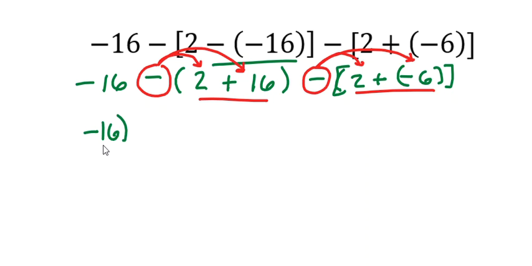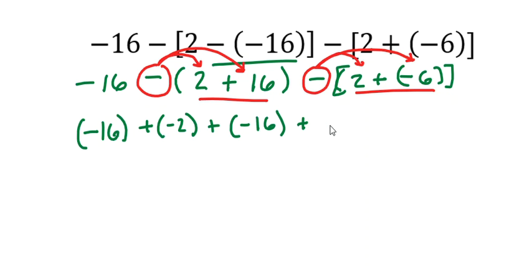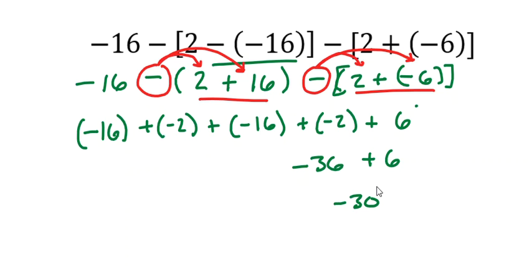So this is negative 16 plus negative 2 plus negative 16 plus negative 2 plus negative 6 is positive 6. So in the end, we have 4 negatives and 1 positive. So we can add all the negatives together. That's, let's see, negative 32, 34, 36. So that's negative 36 plus 6, and that's negative 30.